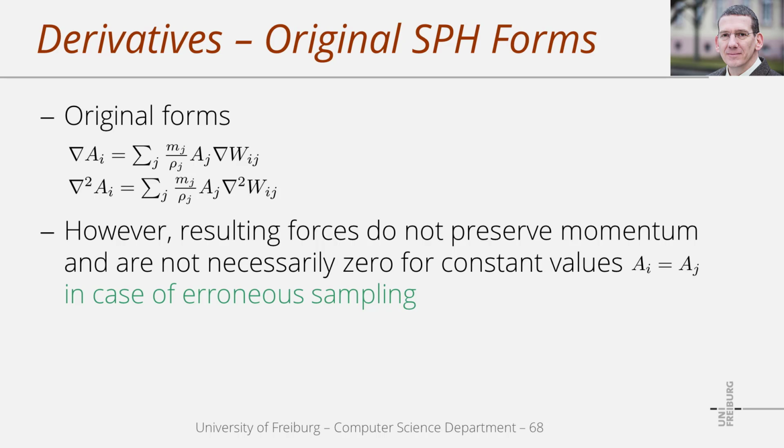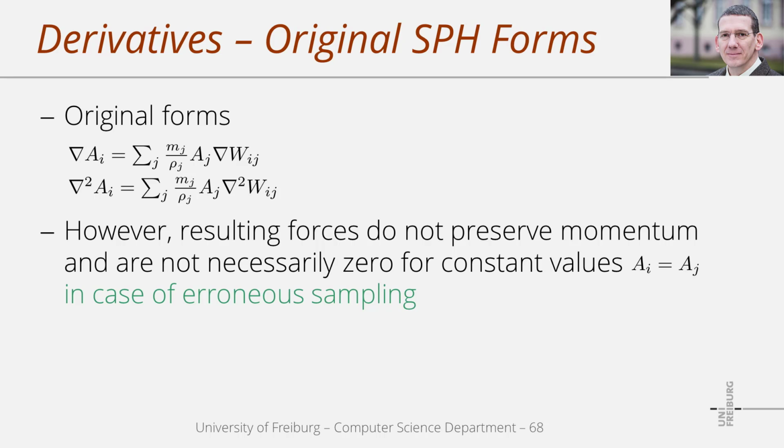In order to address these issues, there exist alternative SPH approximations. For a perfect particle distribution, the alternative formulations correspond to the original forms, but for erroneous distributions, they enforce certain properties of the computed derivatives. For instance, if we compute forces from the pressure gradient, these forces should always preserve the linear and the angular momentum of the particle system.